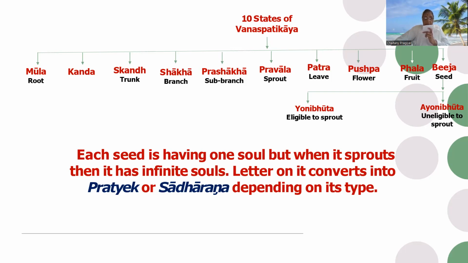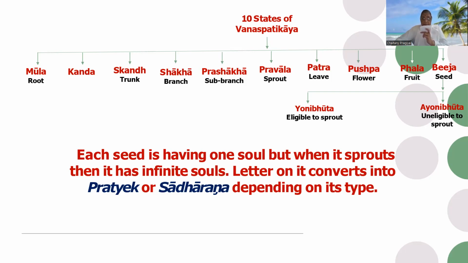The kanda part which comes out of the root is also a living part. Skand, the trunk part, is also a living part. Branches coming out of the trunk are also separate living parts. And prashakha, the sub-branches which come out of branches, are also living parts.